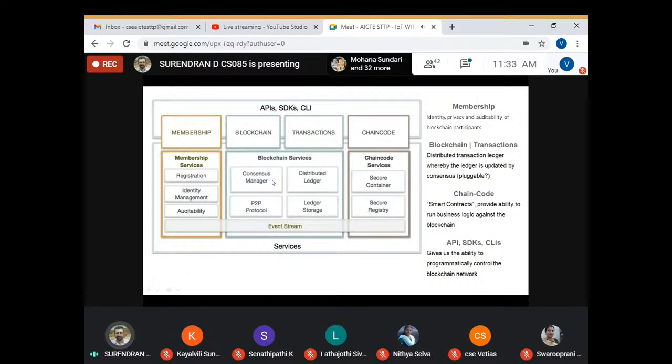The consensus manager, distributed ledger, this is your blockchain with transactions, and the chain code is a secure container. Like now, to say it the other way, it is a process management CPU. Without the processor, you don't have process management. Without your ledger, you're not going to have your blockchain, right?